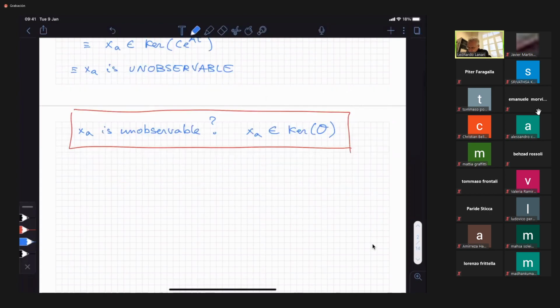Now, let's assume that S is observable, the whole system, or the whole state space. Okay, this is, of course, equivalent to saying that the kernel of the observability matrix is just the 0 vector.